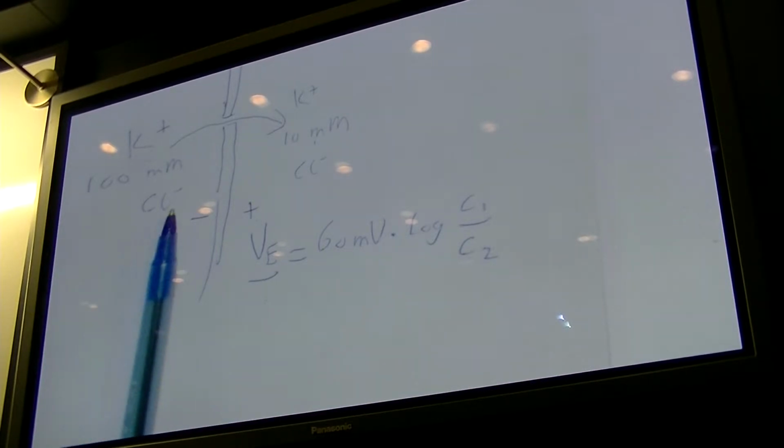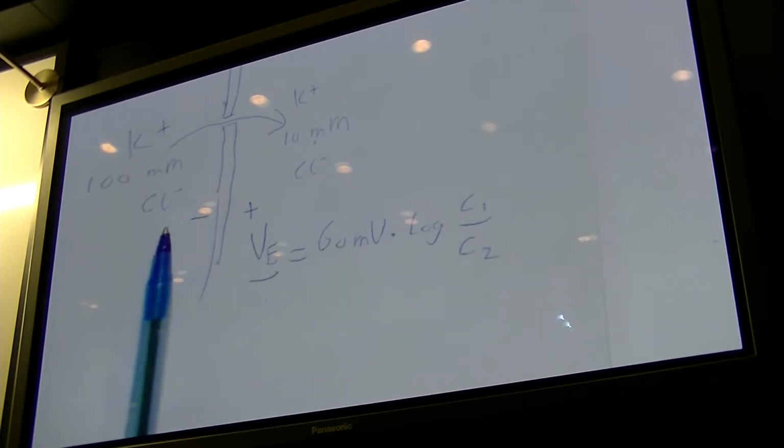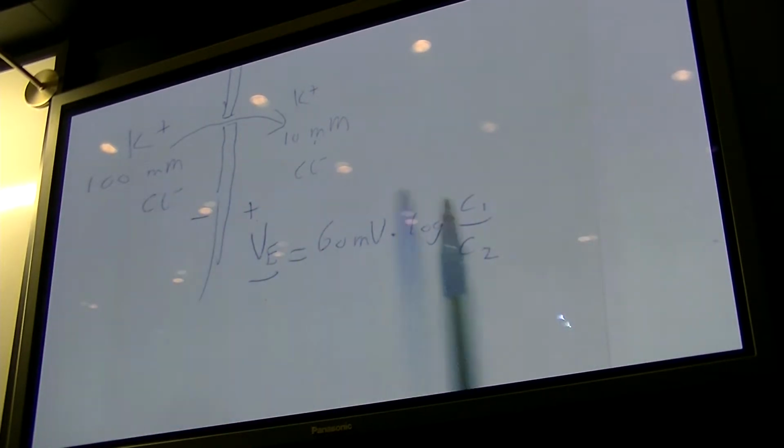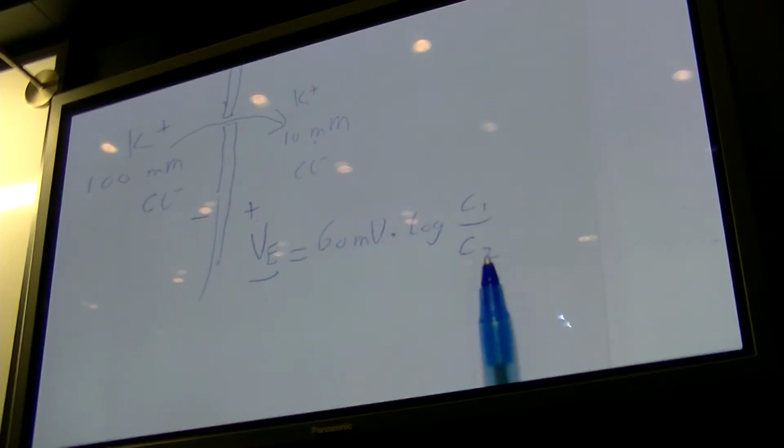We reason, in this case, that we will be positive on your right and negative on the left. And so we see that since the concentration 1 is 100 and 2 is 10, that ratio is 10, the log of 10 is 1, we get 60 millivolts.